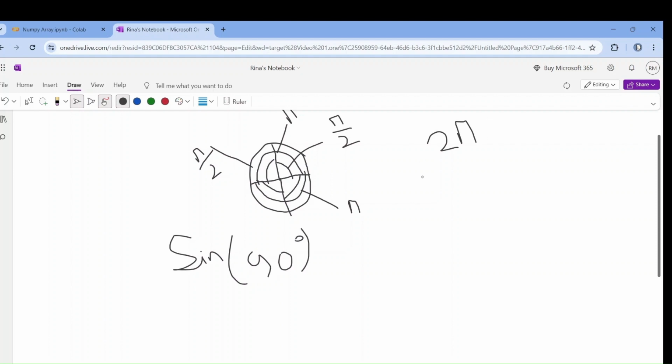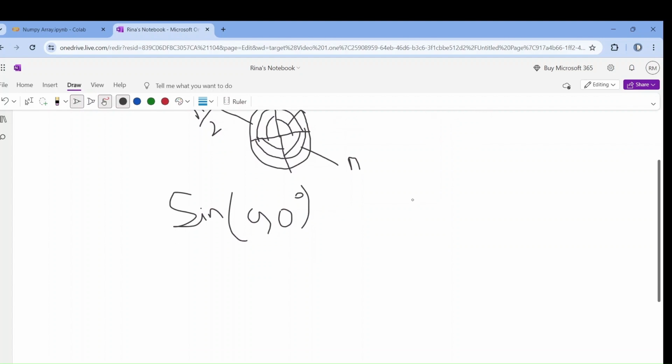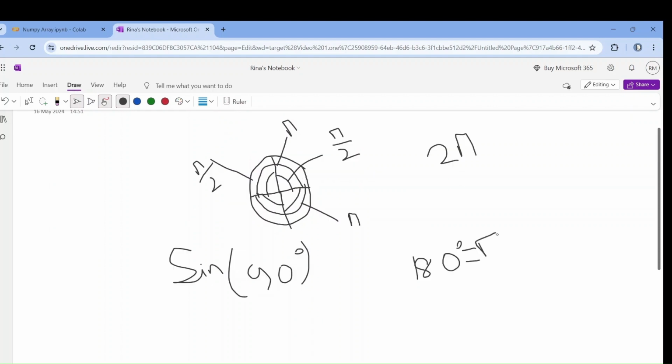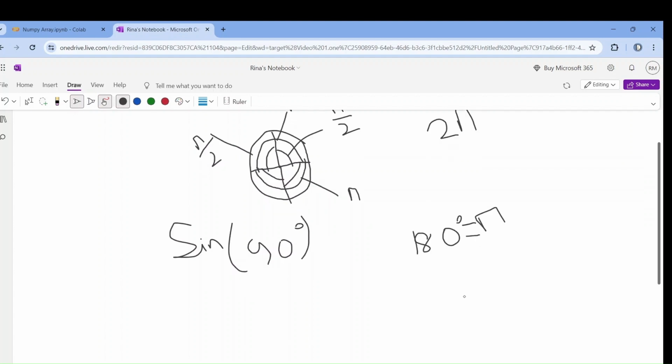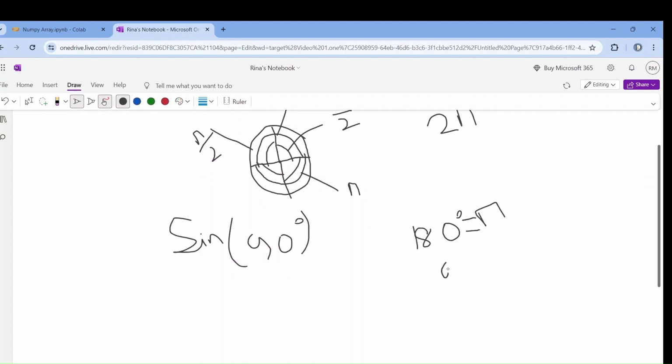Suppose I write 180 degree equals pi, because 360 degree is 2 pi, 180 degree is pi. So I can write 90 degree equals pi by 2. So I have converted the angle into radians.